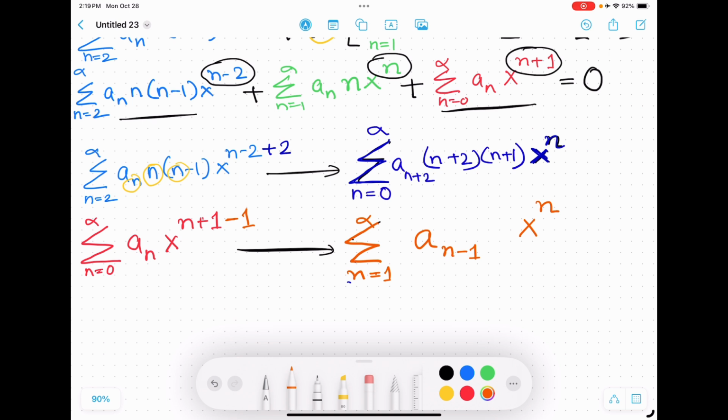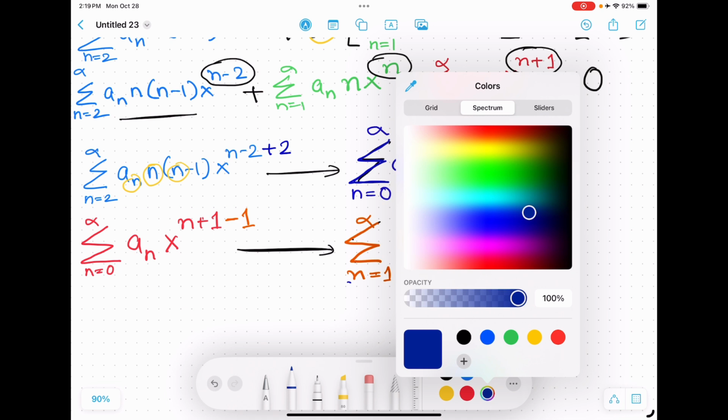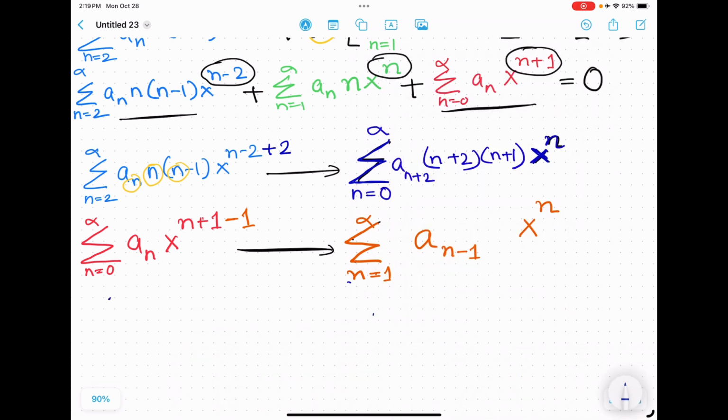Let's now rewrite that so that we have our new transformed power series. My first one goes from 0 to infinity, a sub n plus 2 times n plus 2 times n plus 1, x to the power n.